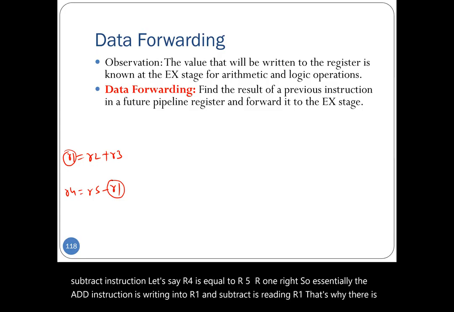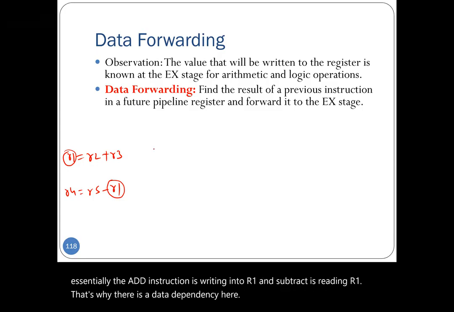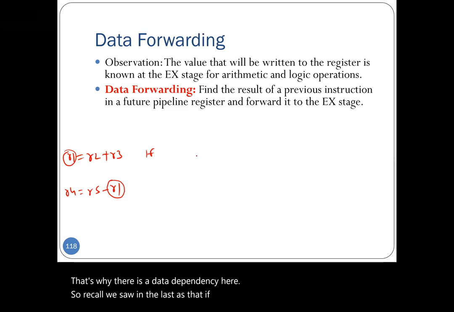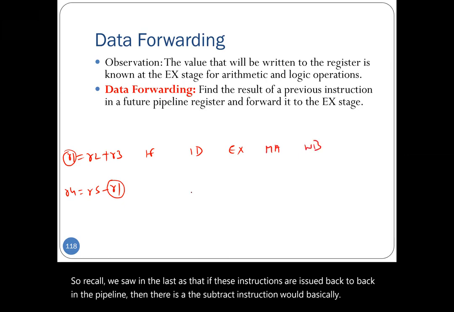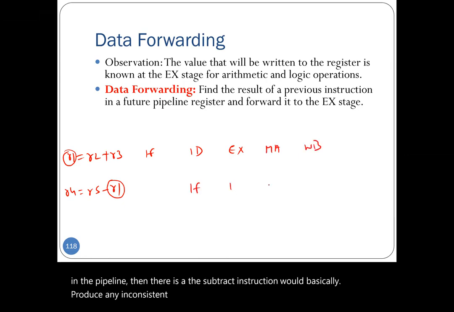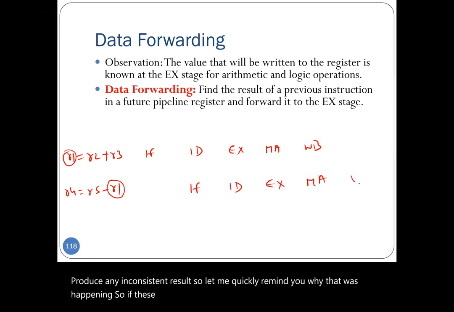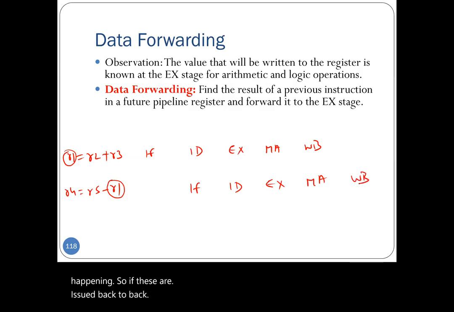Recall we saw in the last class that if these instructions are issued back to back in the pipeline, then the subtract instruction would produce an inconsistent result. Let me quickly remind you why that was happening. If these are issued back to back, this is how they will sail through the pipeline.